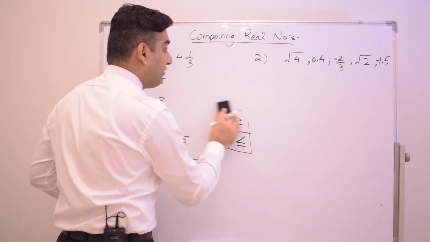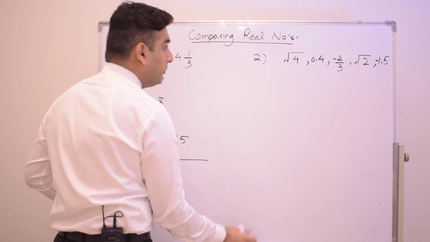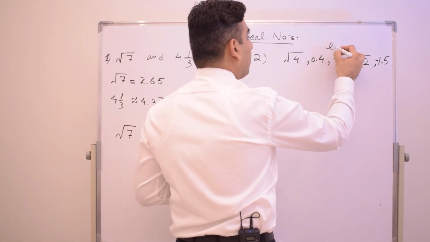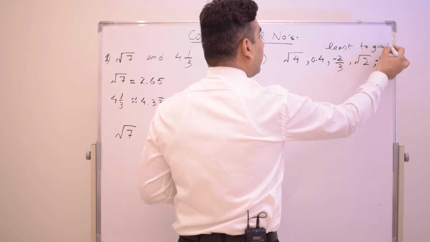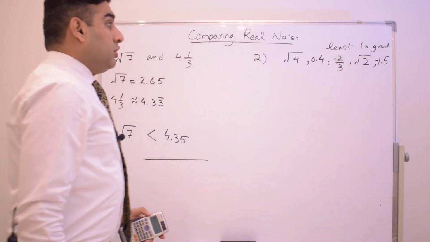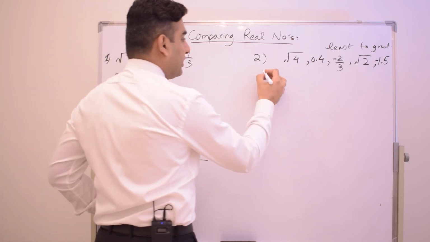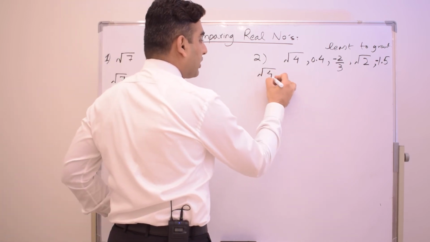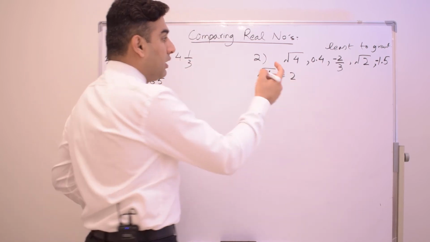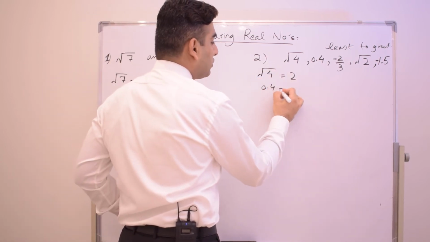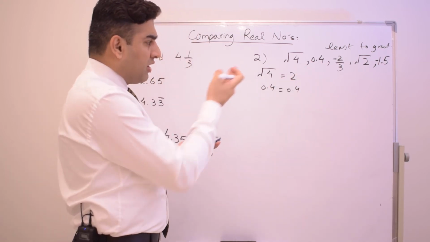Here we have at least 5 numbers, and I want to write them from least to greatest. First of all we must know their approximate decimal values. The square root of 4 is equal to 2, because 4 is a perfect square. 0.4 is already in decimals.